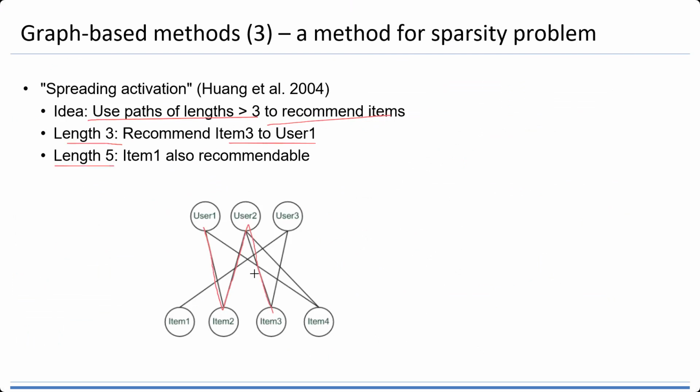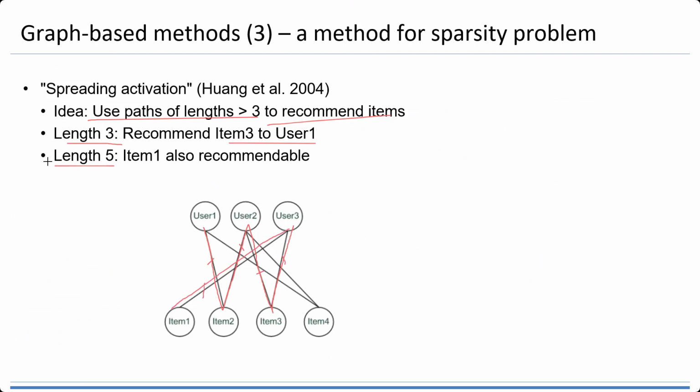If I use length 5, then I go from item 3 to user 3. From user 3, I can select another item which has not been selected by user 1, which is item 1. So we have 1, 2, 3, 4, 5.